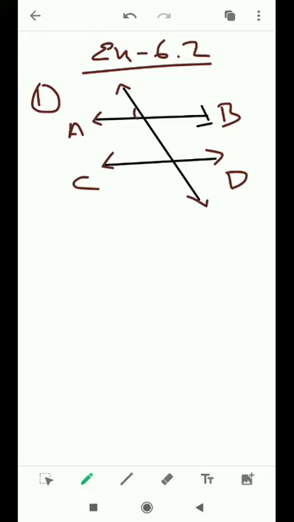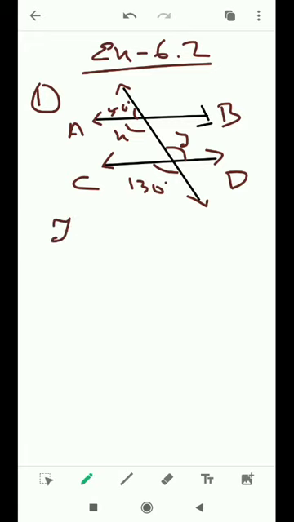This angle is given 50 degree. This angle is given X, this angle is given Y, and this angle is given 130 degree. So X and Y we need to find, and I have to prove AB parallel CD.